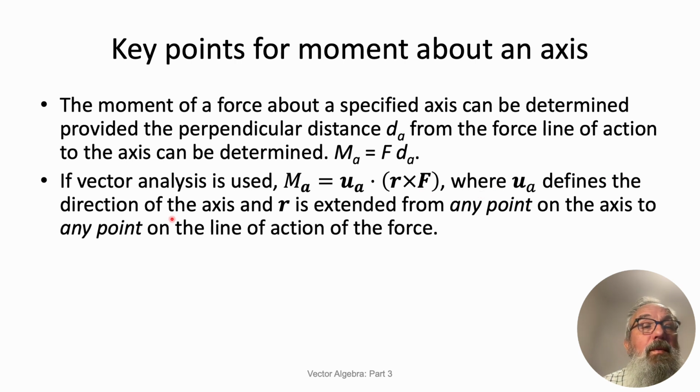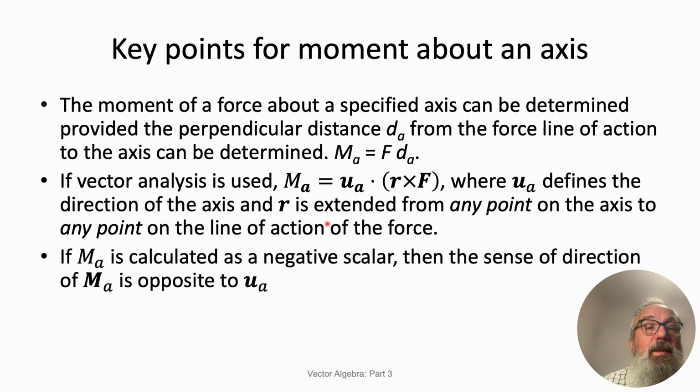UA defines the direction of the axis, and R is any point, as I said. If MA is calculated as a negative scalar, then the sense of direction of the moment is opposite to UA, opposite to the unit vector in the axis that we're calculating.